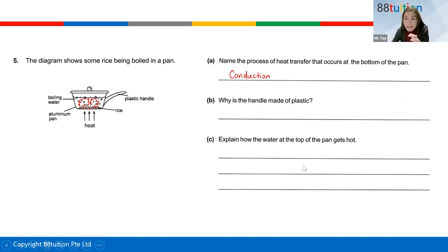If you're just saying it's a poor conductor of heat, it's not complete, because you didn't fully answer the question. A lot of students make this error, not just you. So you have to complete it by saying, okay, plastic is a poor conductor of heat. Try not to use the word good or bad.